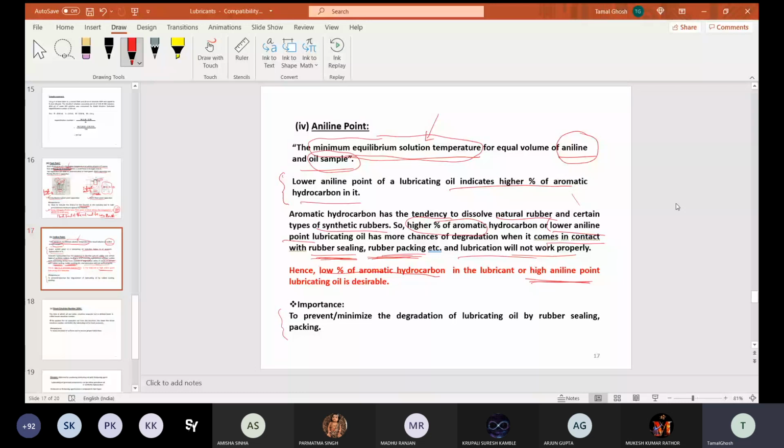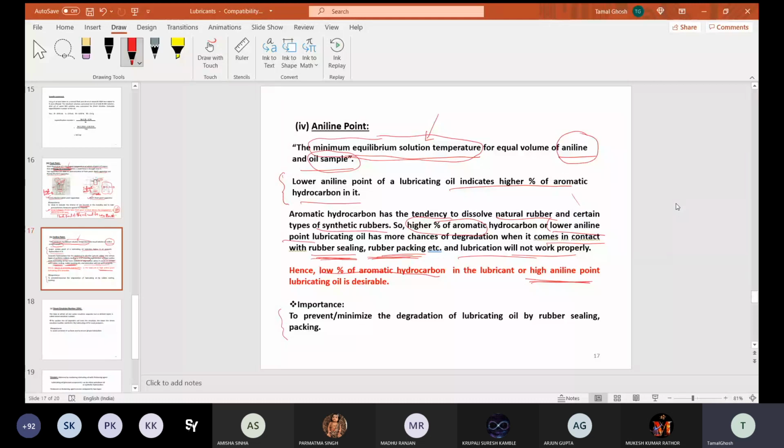So the lowest or minimum temperature at which this happens. Now in terms of phase equilibrium, when two liquid substances become miscible, that temperature is called the equilibrium solution temperature.